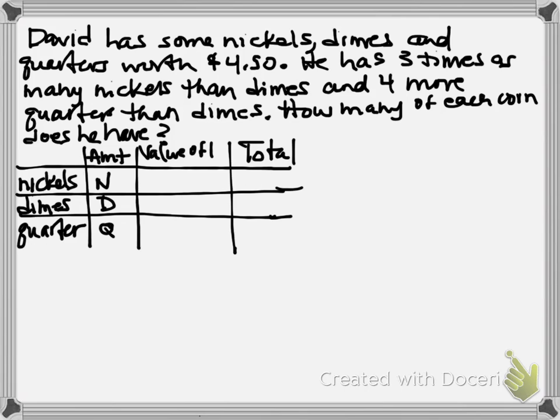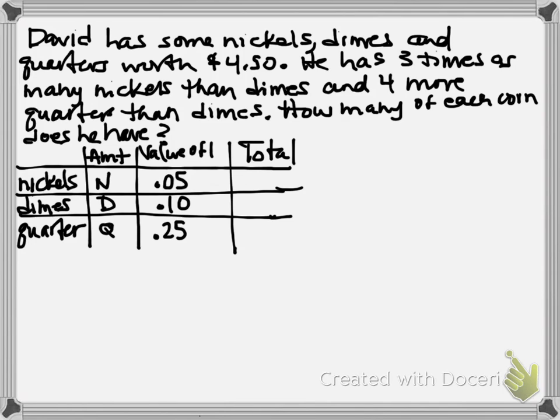Now, how much is a nickel worth? 5 cents. You got to make sure that you write it as cents. Okay? How much is a dime worth? 10 cents. So we write 0.10. How much is a quarter worth? 25 cents. So 0.25. So how much are the total of my nickels worth?